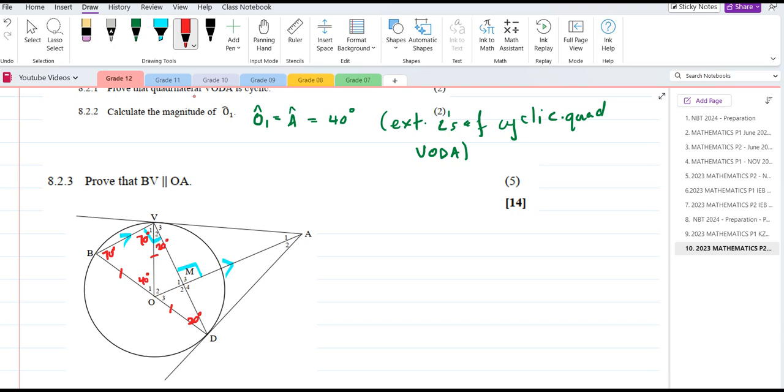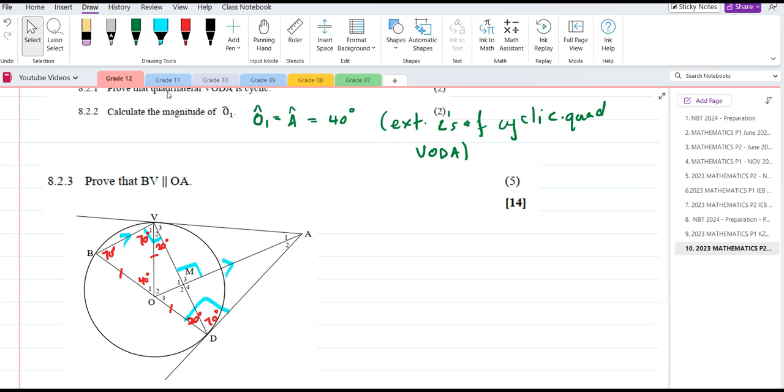We don't really need to find the 70, so we're going to use the 20 here and the 20 there. And we're going to get sum of angles of triangle here. Opposite angles of cyclic quad, that's 20. This is 90 here. If this is 20, then this is 70, because of this here being 90.